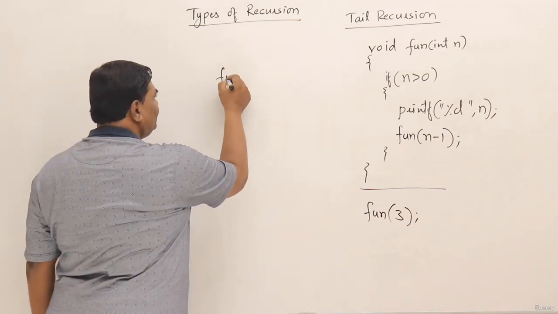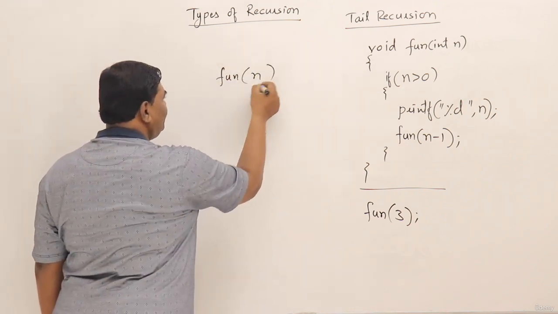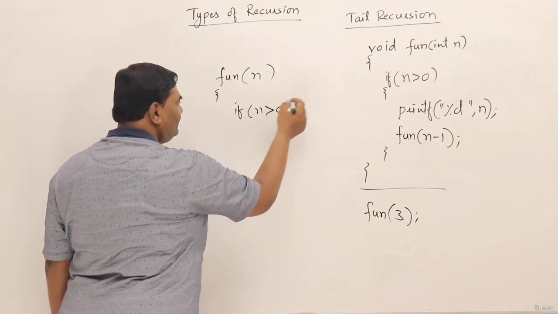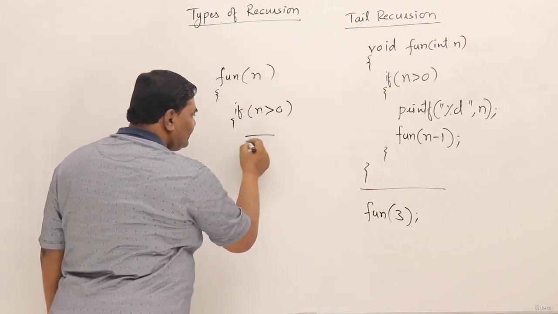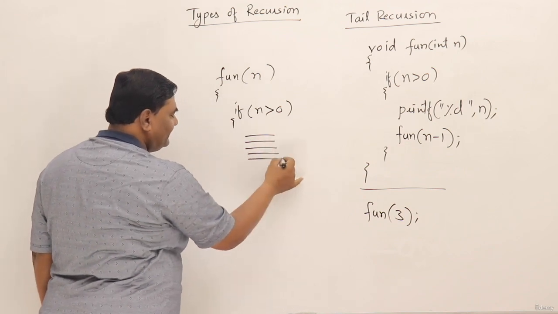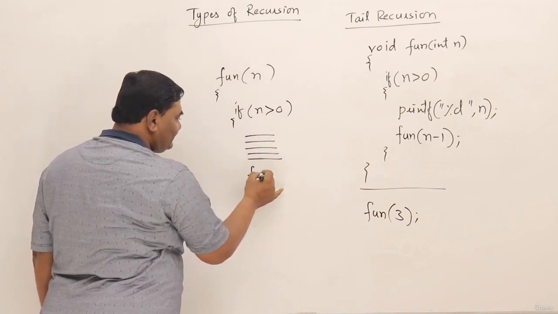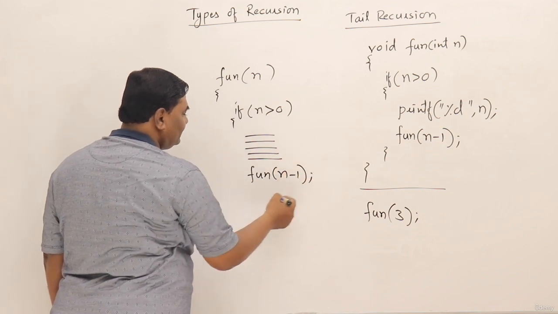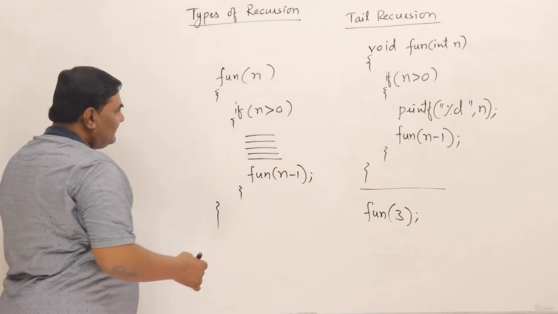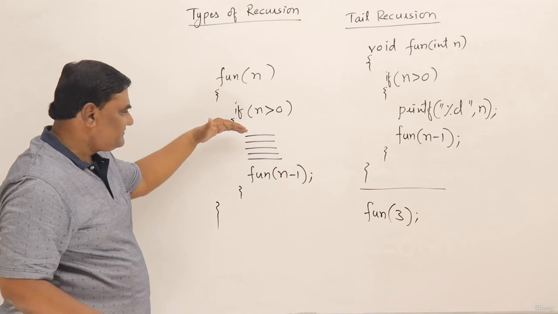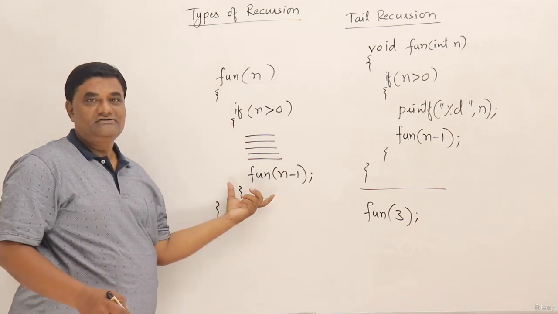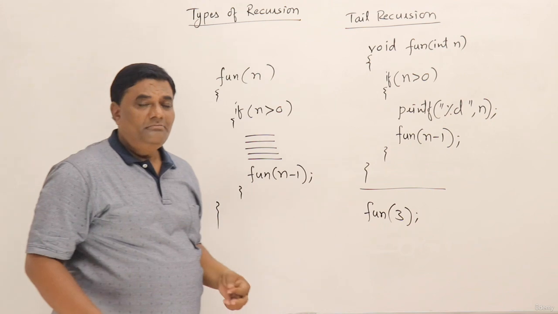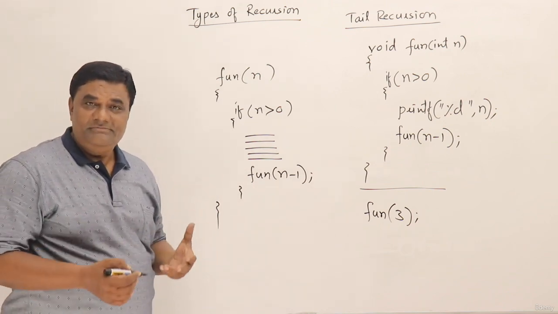For example, this is fun, taking some parameter n, and if n is greater than 0, there are some statements inside, then the last thing is that it is calling itself with a reduced value of n. See, whatever it has to do, it performs first, then it calls itself. In this example, I have just written printf, but a function may be doing a lot of things.